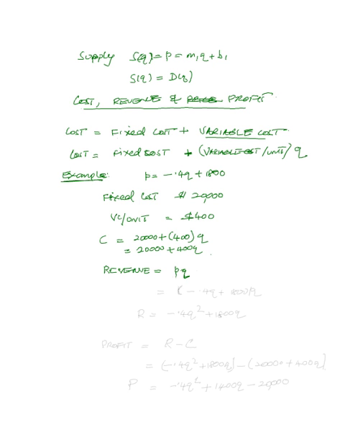So if I use this expression, price times quantity is revenue, so if I multiply the price, for which we have an expression as introduced before, negative 0.4 Q plus 1800, times the quantity Q, then the revenue R will be negative 0.4 Q squared plus 1800 Q.